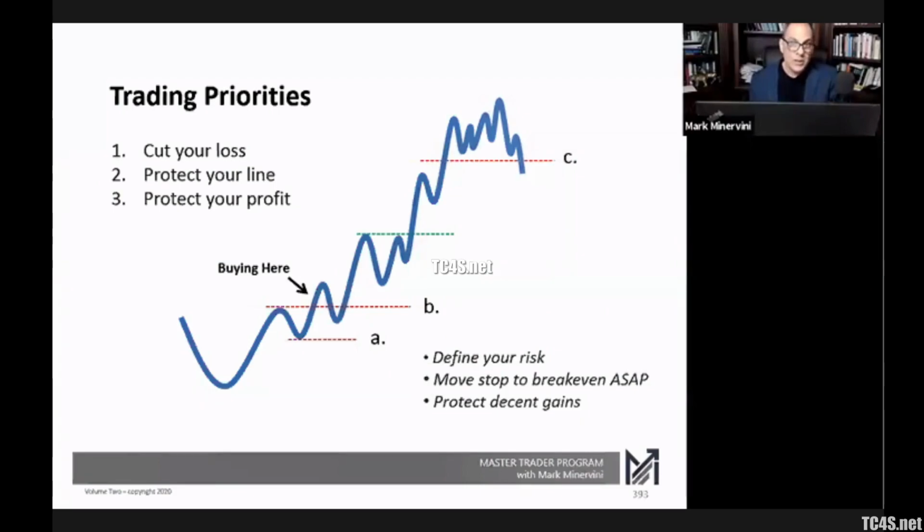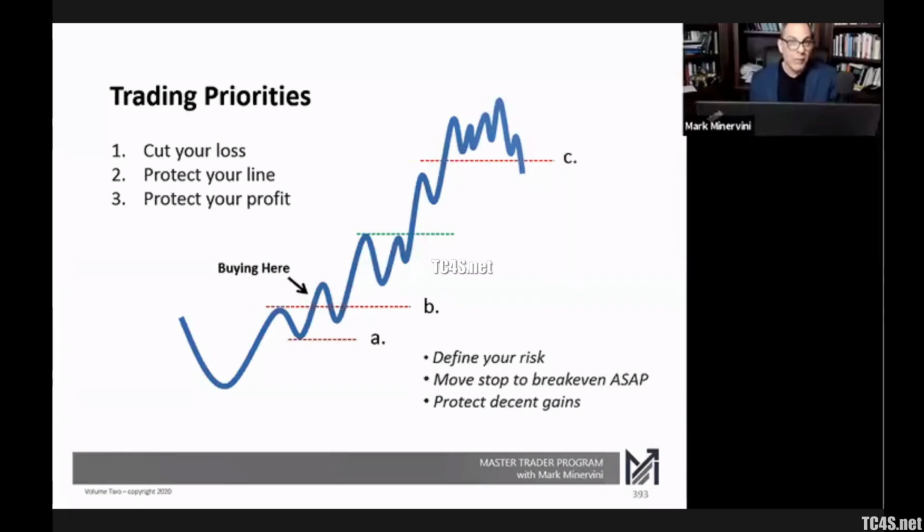Now, once the stock moves above the buy point, it breaks out, it's now profitable. Okay, now the next thing that I want to do is start thinking about protecting my break-even point. I don't want to do that too quickly, though, right? I don't want to jump the gun, and some people raise that stop up so quickly they choke the trade off and they don't give it enough room.